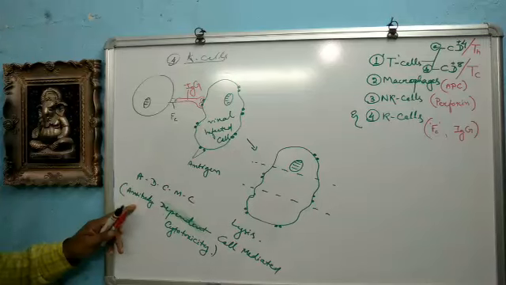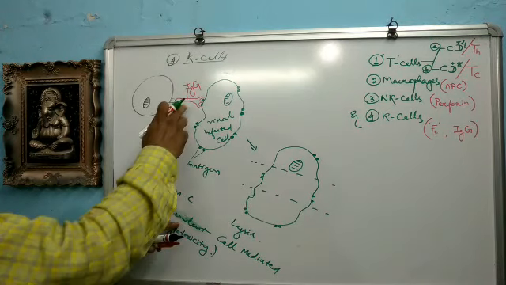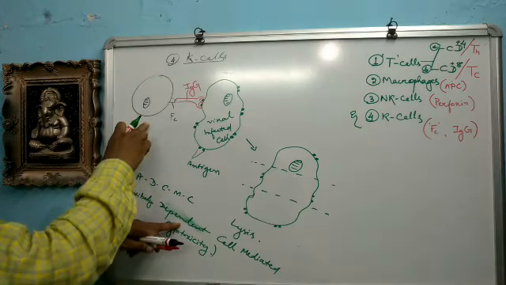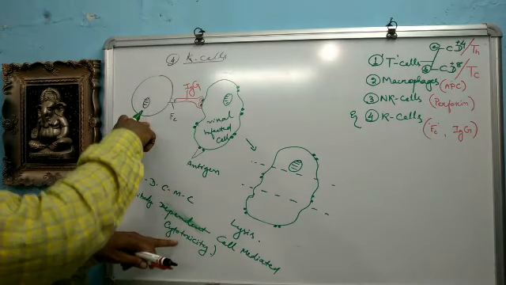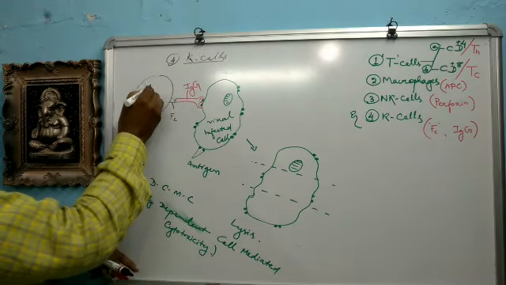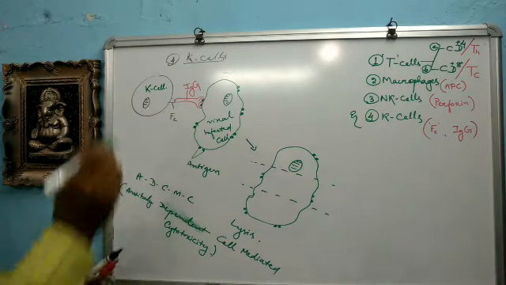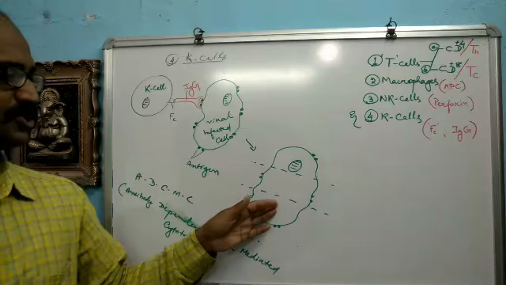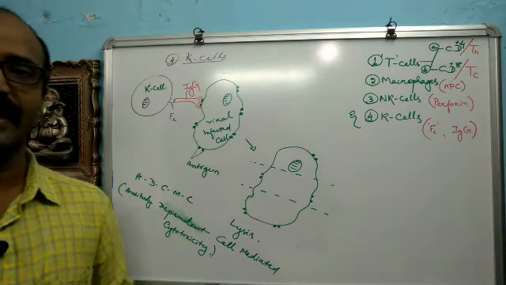So here is the antibody dependent cell mediated cytotoxicity. After the formation of the bridge, the cell becomes toxic. That's why it gets lysis.